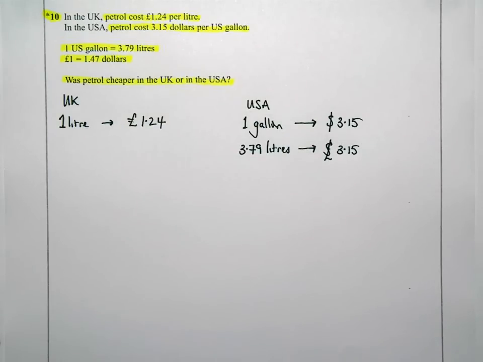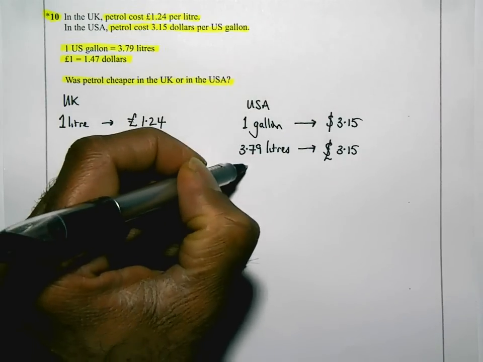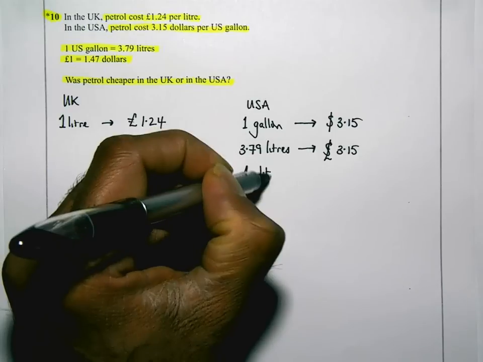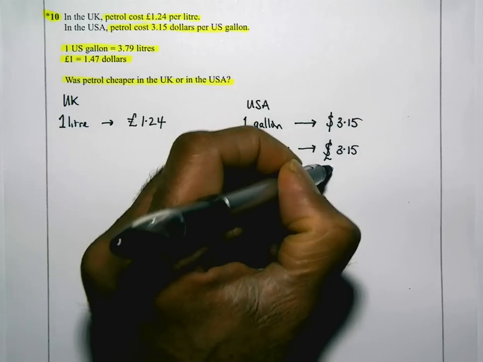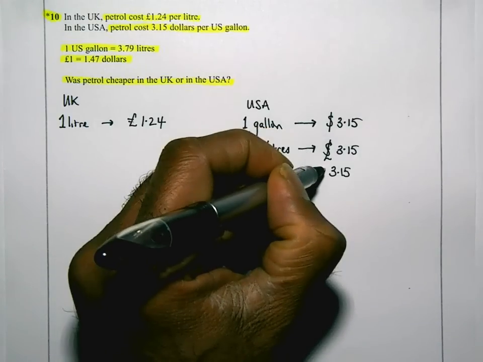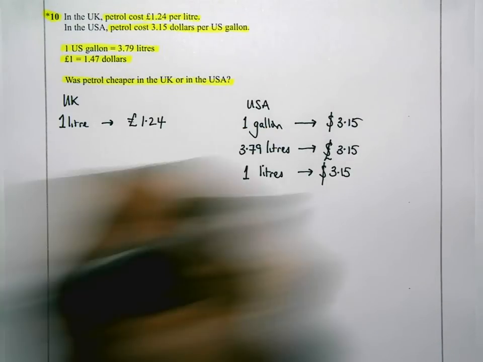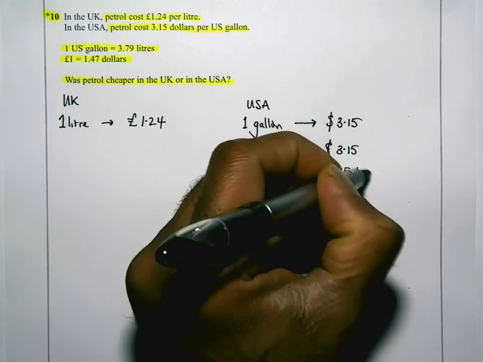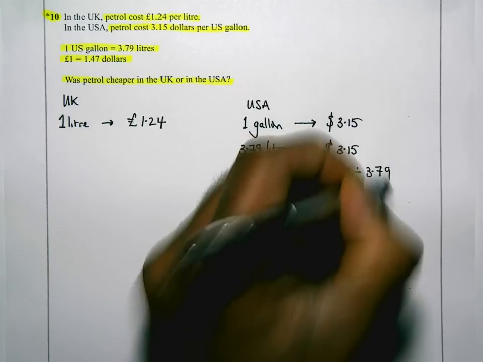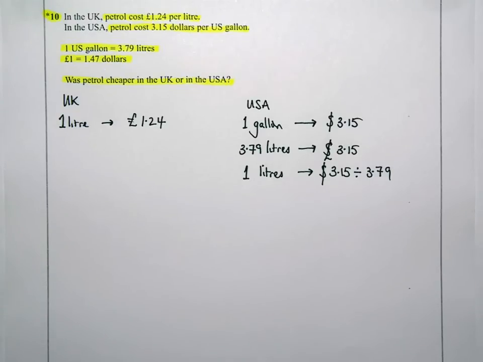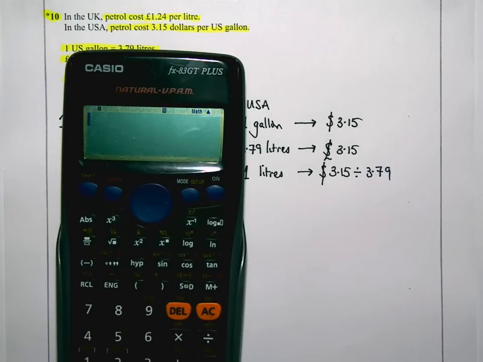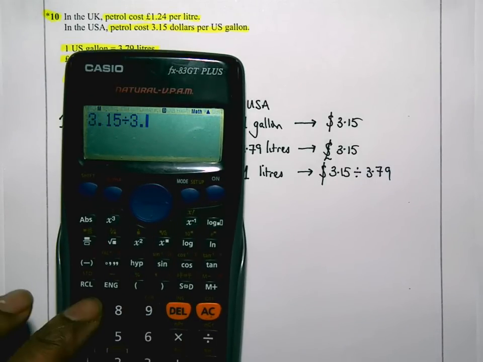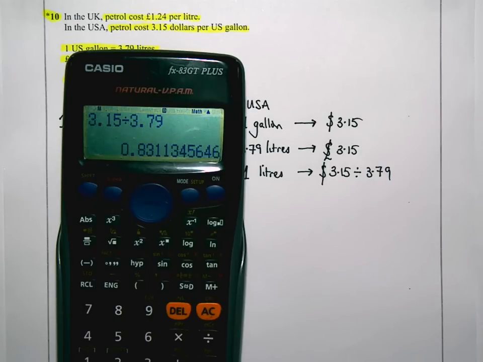So I could work out how much 1 litre is going to cost in the USA. 1 litre is going to cost $3.15 divided by 3.79, and I'll need to use my calculator for this. 3.15 divided by 3.79, that's equal to, okay, I've got a screen full of numbers there.